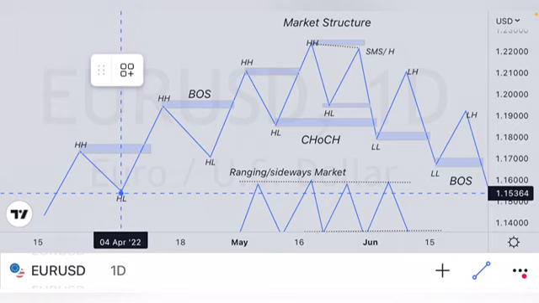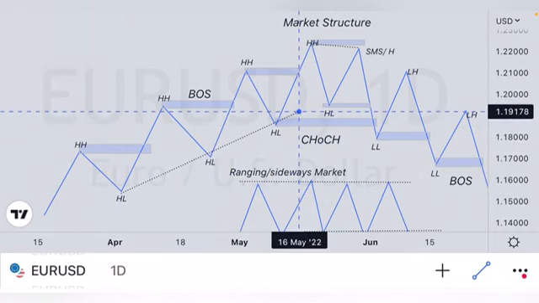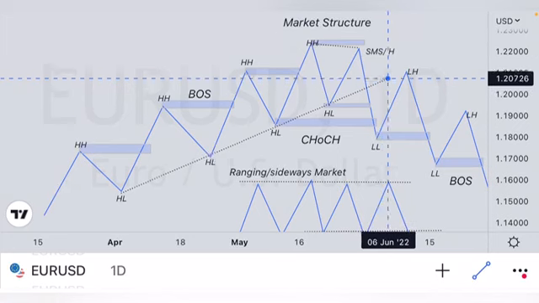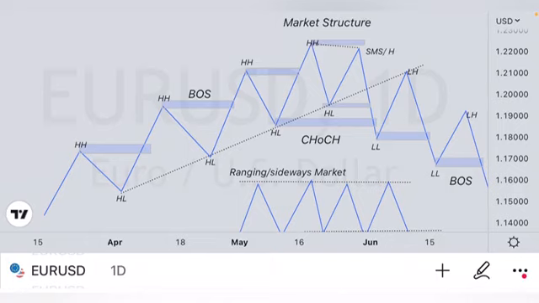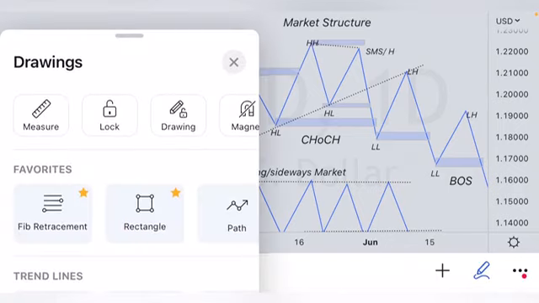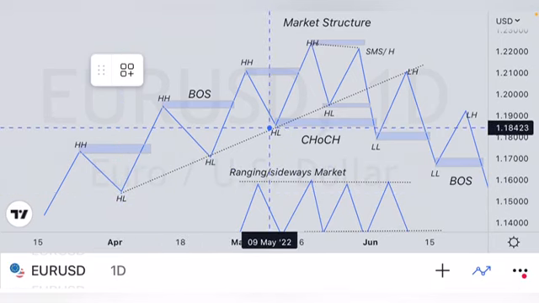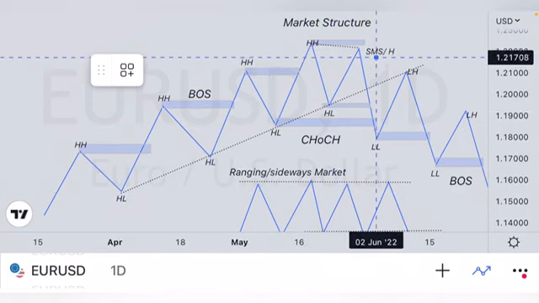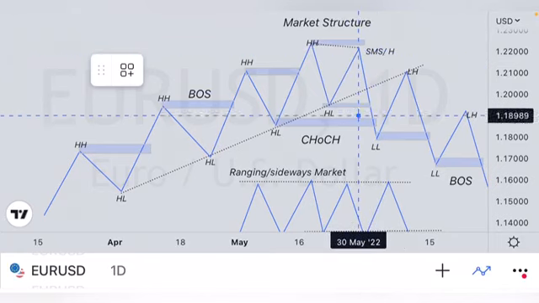You always wait for the break: the first touch, second touch, third touch. It can even be a fourth touch. Then wait for your break. So this is for an uptrend. The first touch, second touch, third touch, and this is the fourth touch. Then the market moves and gives us a shift of market structure.